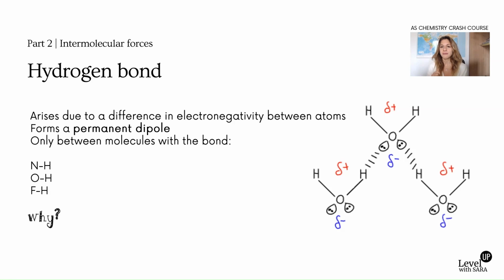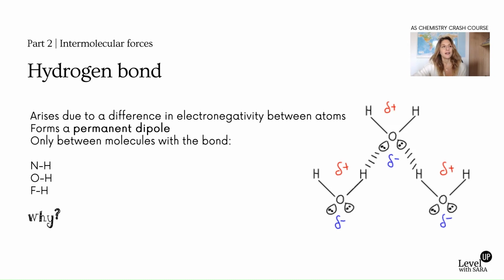That's really, really important because it always arises from the lone pair of an atom, in this case oxygen, to the positive dipole of the hydrogen. Okay, and water has so many special properties because of this force. So be familiar and practice how to draw this out.